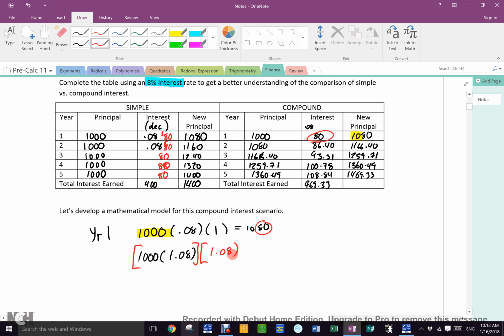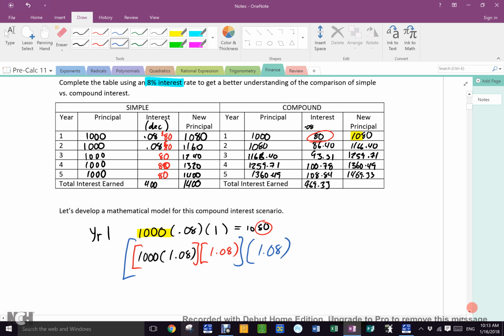Yes? And then I took this whole thing, and what did I multiply it by? 1.08 again. Right? What are you noticing is repeating over and over? The 1.08. Is there a shortcut in math to writing times 1.08 times 1.08 times 1.08? To the power of whatever, right?